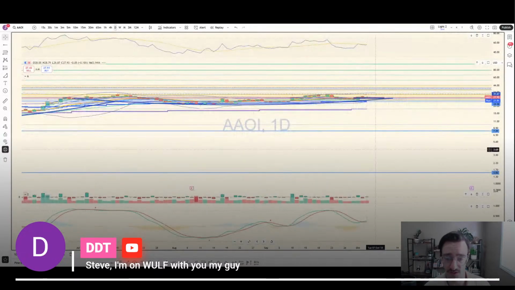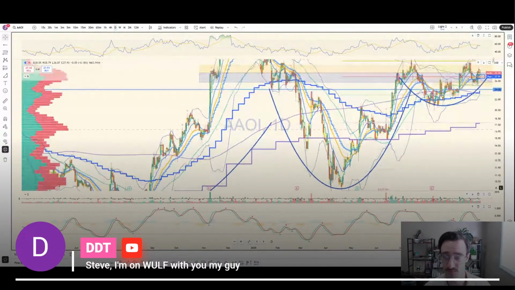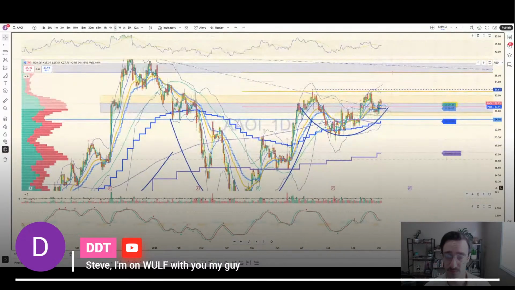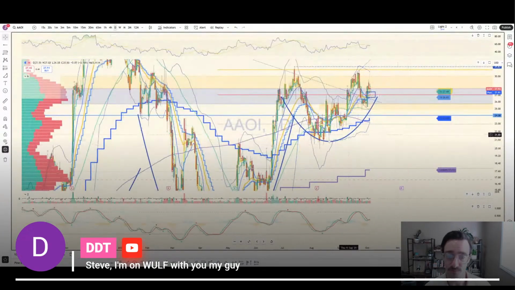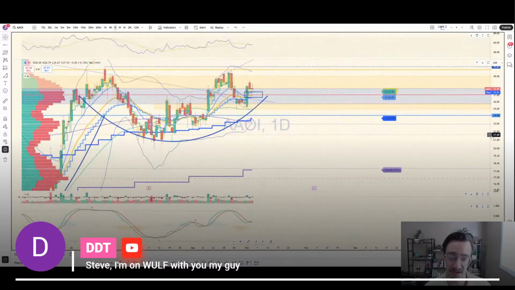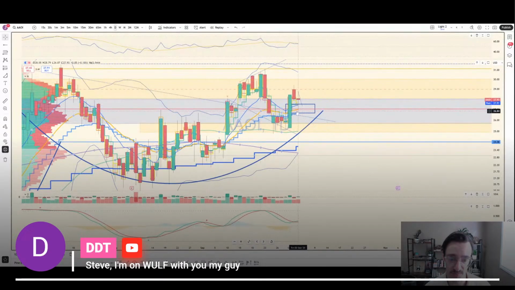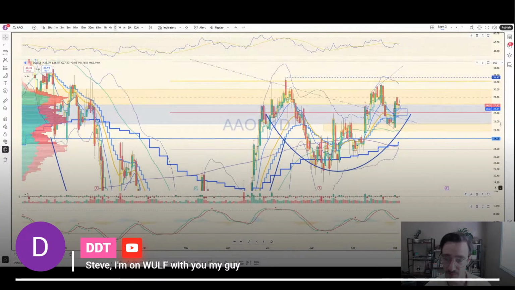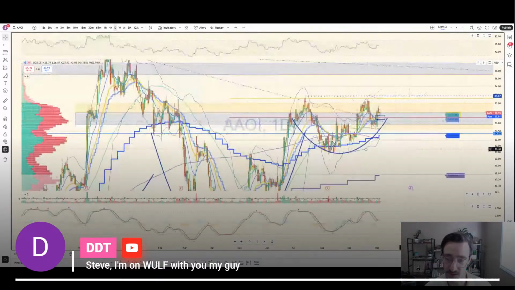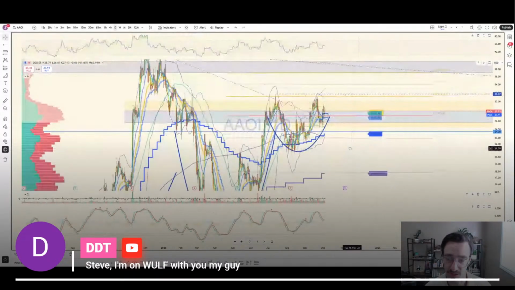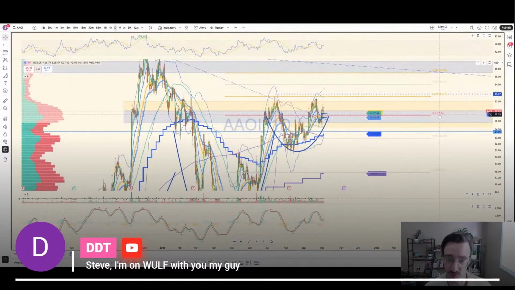If we go to a daily chart, it's holding the daily trigger. It's now back tested this blue 9 EMA and this yellow 21 EMA. So I filled right at 27 today. And that is because I had an order at this major range 50 fib there at 27.04.